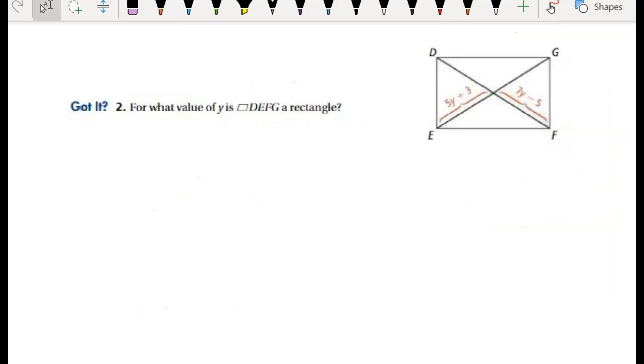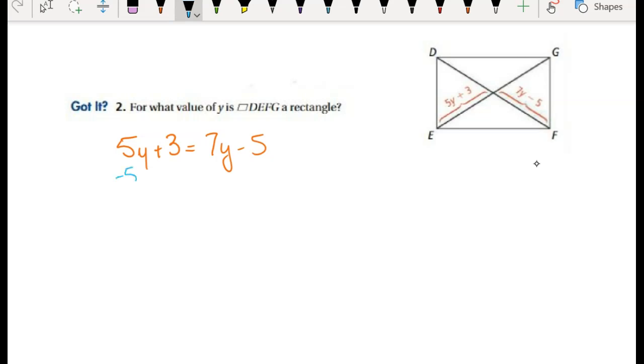Now, what do you think we would do for this one? For what value of y is parallelogram DEFG a rectangle? Now remember, what do we know about the diagonals of rectangles? We know that they are congruent. So we would say 5y plus 3 is equal to 7y minus 5.